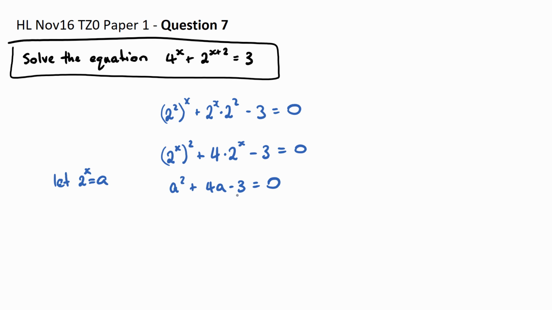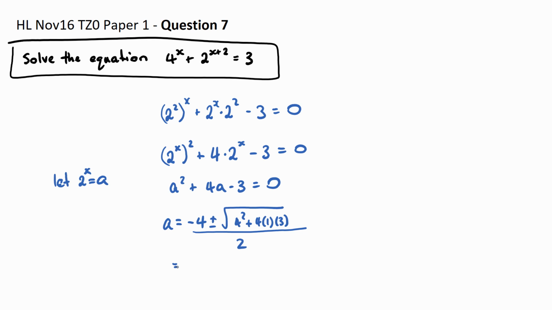We can solve this by using the quadratic formula. So a will be negative 4 plus or minus the square root of 4 squared minus 4 times 1 times negative 3, so plus 4 times 1 times 3, all over 2.